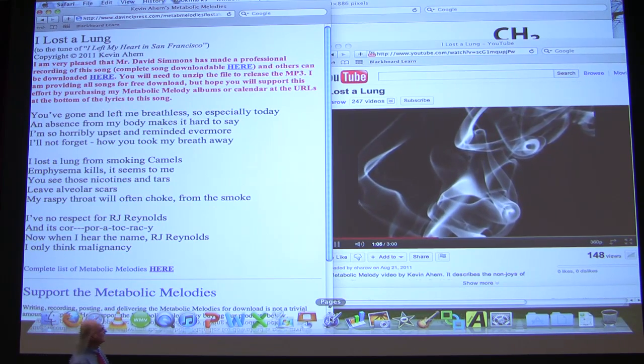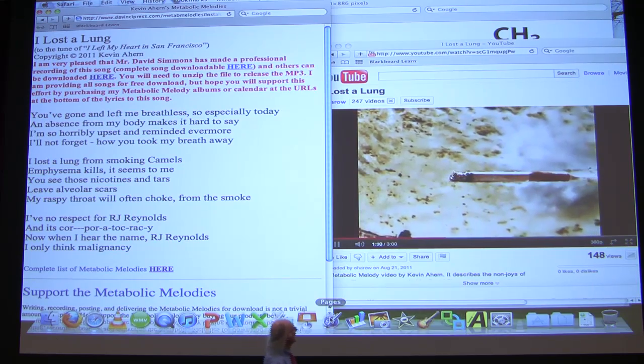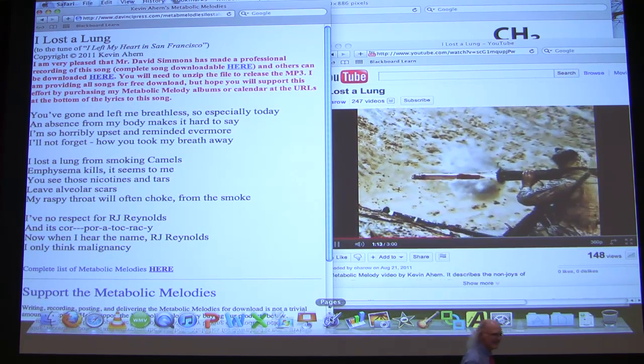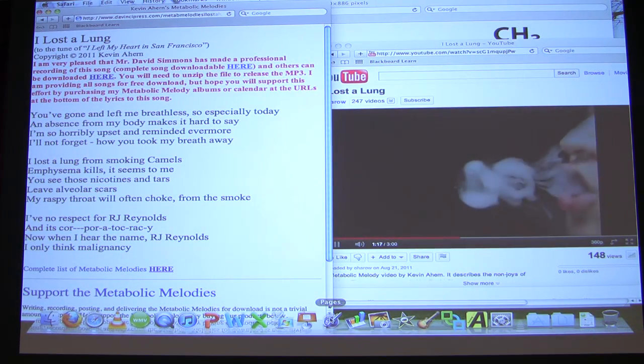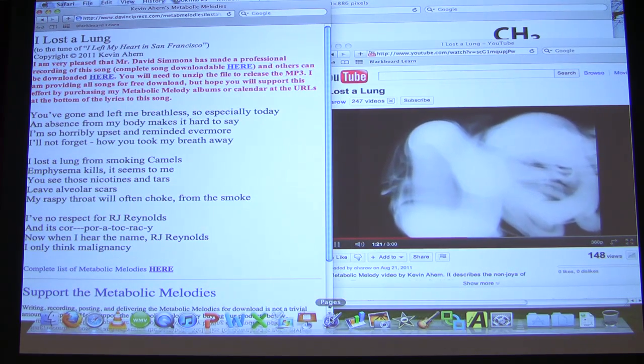It seems to me you see those nicotines and tars leave alveoli.